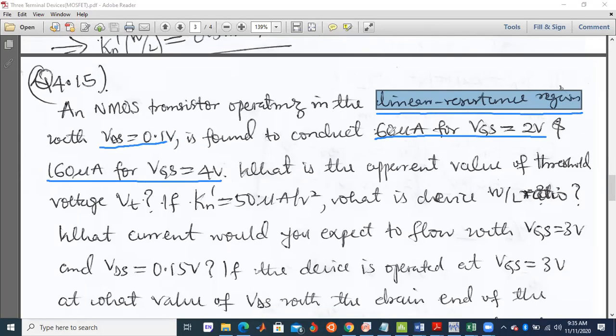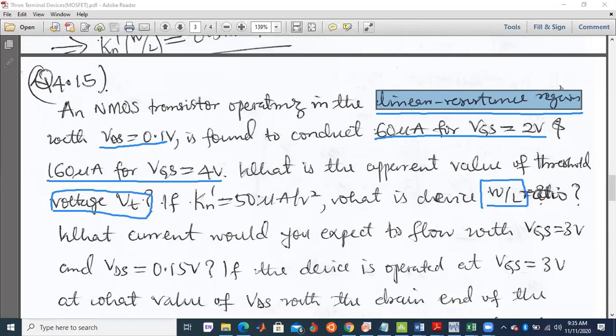So we have two IDs. So what is the apparent value of the threshold voltage? We want to find VT. If Kn prime is equal to this, what is the device W/L ratio? We want to find the device W/L ratio.